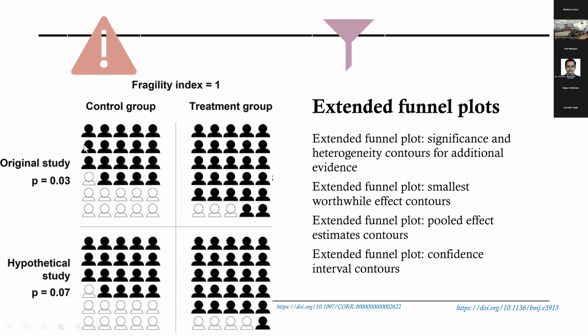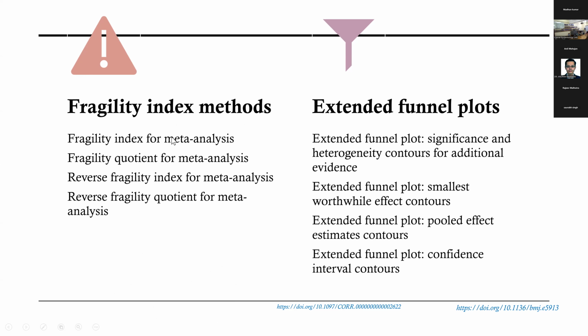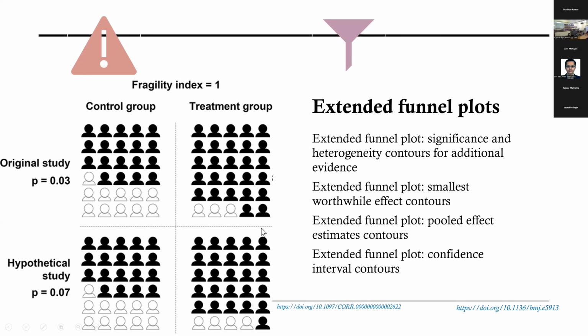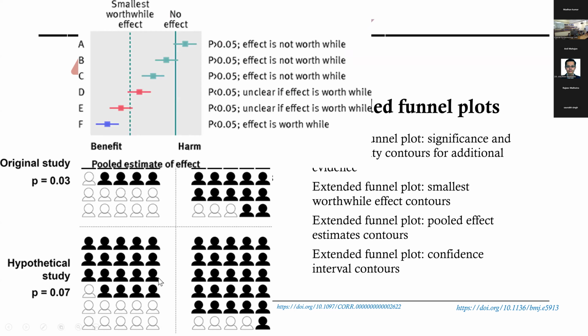You can see the results are highly fragile. Even if one person's results change, the whole story changes. So this is called fragility index, and that index divided by the total number of subjects in the review is called fragility quotient. Reverse fragility index is where you start off with nil studies and you do the other way around. Okay, so that's that.